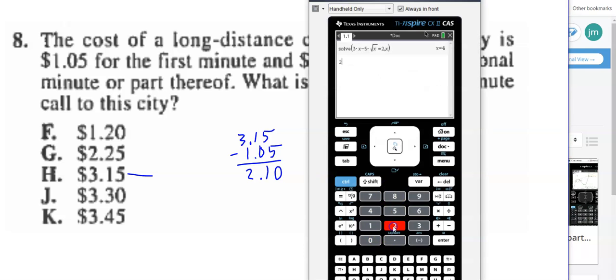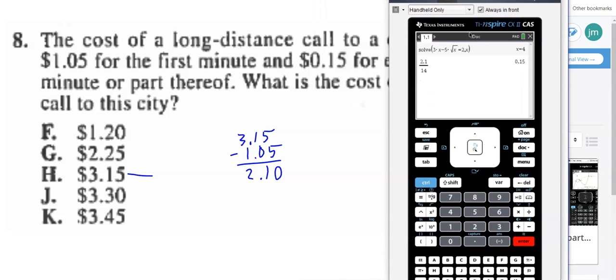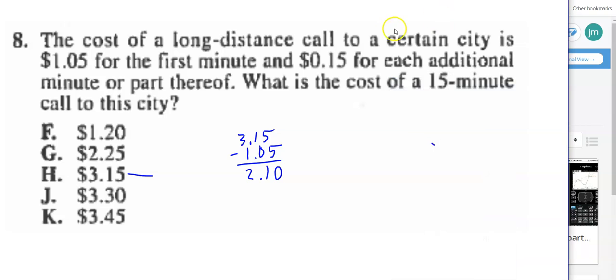So let's see, 210 divided by 14, because there's 14 minutes left over, is 15 cents. Yeah, that looks right, doesn't it? 15 cents for each additional minute. So I think that is accurate. You know, there are other ways of doing it. You could probably set up an equation too, but that'd be one way of going.